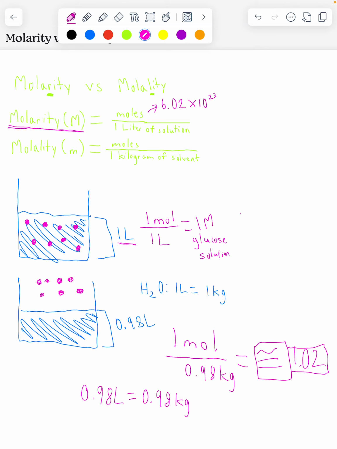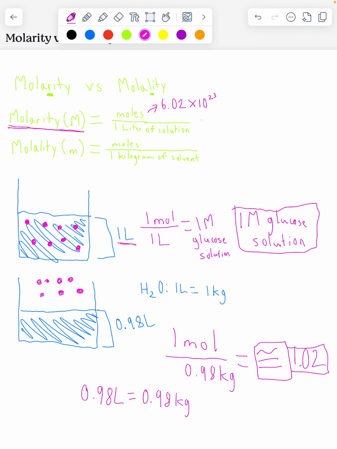Okay, so for 1 mole of glucose molecules in 1 liter of water, that is a 1 molar solution. So you would say 1 M glucose solution. However, if you took the 1 mole of glucose outside of the 1 liter solution that you have, bring it down to 0.98, that would mean that you have 1.02 molality of glucose.